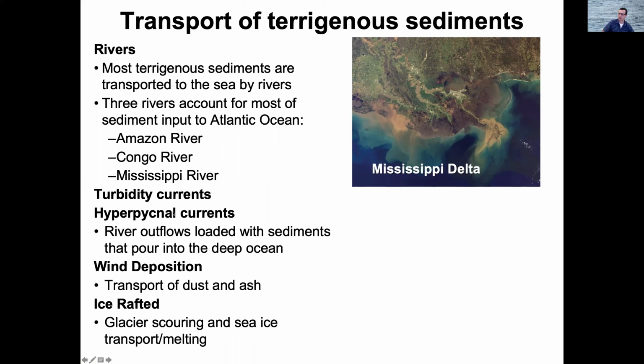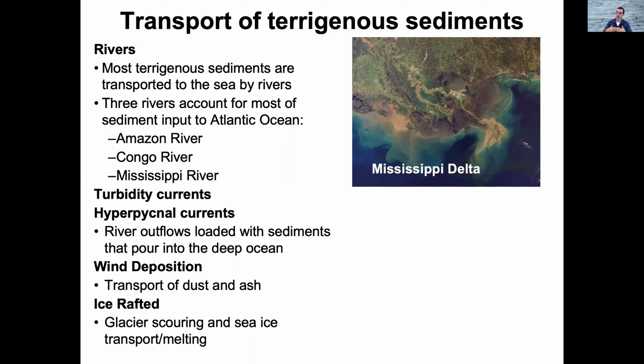Hyperpycnal currents, we won't get into detail here, but essentially river outflow that has enough sediment can pour down into the deep ocean. So when you have fresh water coming in the ocean, fresh water is less dense than salt water. You'll learn more about density in physical oceanography later on in the semester.